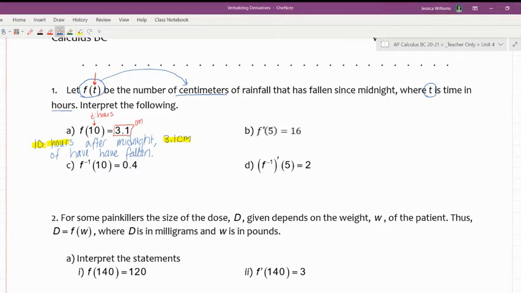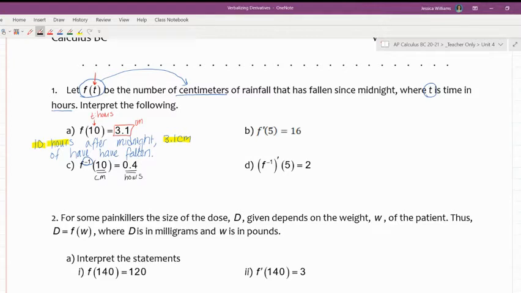Okay, I'm going to jump to C. This means inverse. And what I need you to know about an inverse is that you switch your input and your output. So this input is now centimeters. This output is now being measured in hours. So my only job as a mathematician writing sentences is to make sure my units make sense.